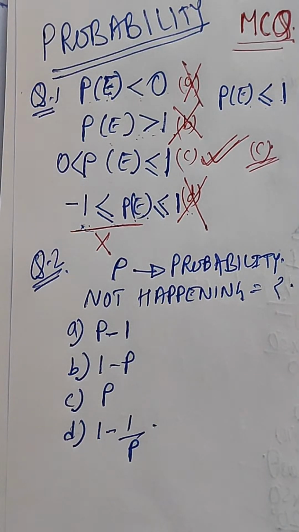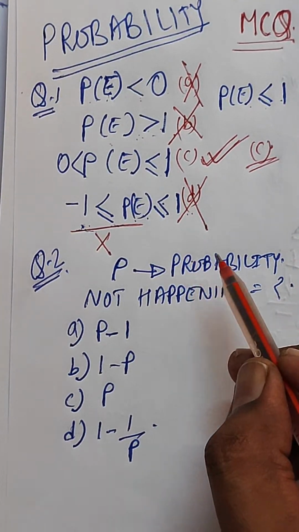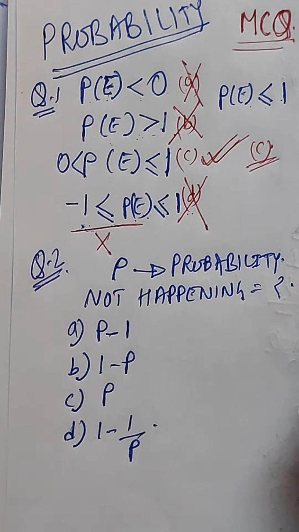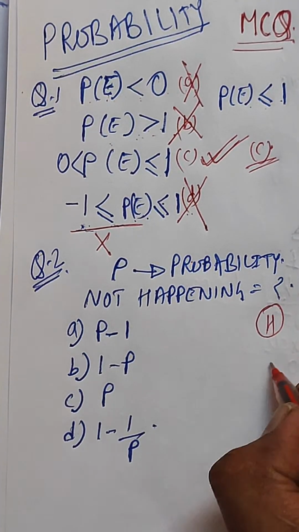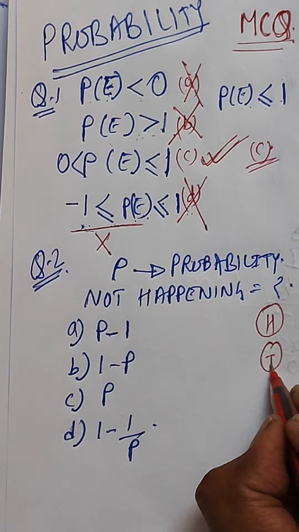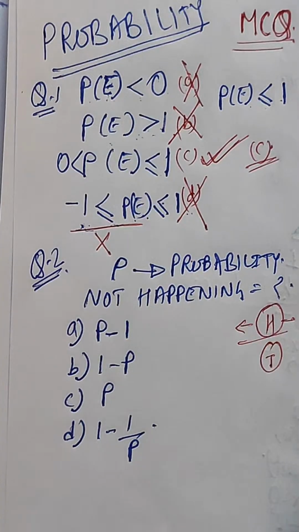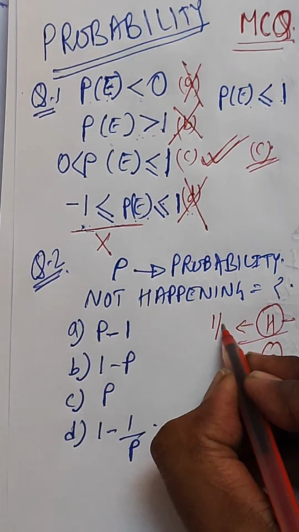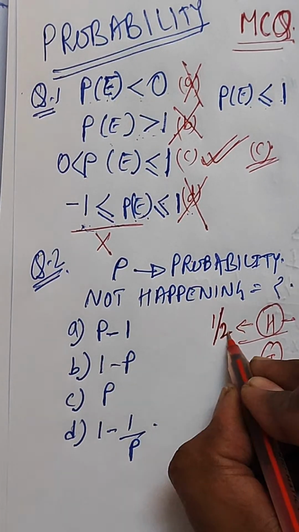So students, in this case, you can see probability of any event. Suppose you are just tossing a coin. If you remember, if you are tossing a coin, there was a head and there was a tail. Then what is the chance of getting a head? Let's say it's 1 by 2, because the total number of possibilities always comes into the denominator.